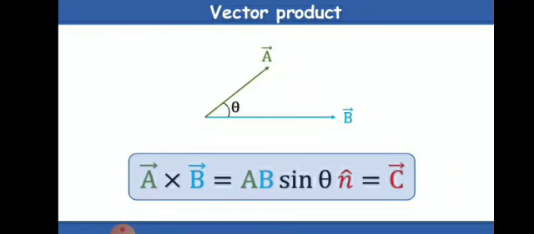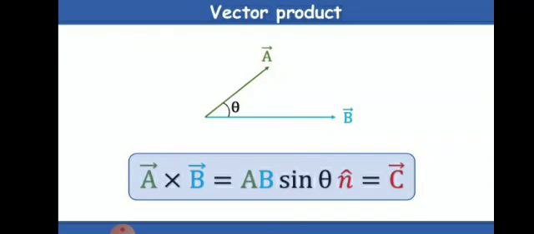The cross product of two vectors A and B is denoted by vector A cross vector B. Vector A cross vector B is equal to AB sin theta n cap, where theta is the angle between the two vectors and n cap is the unit vector.